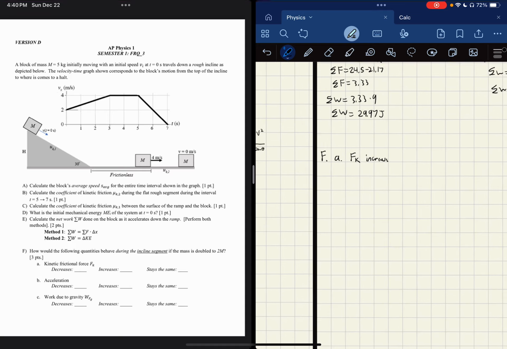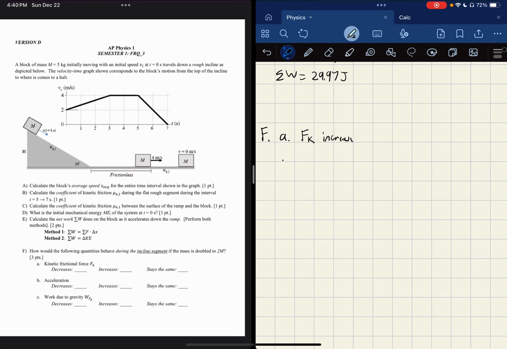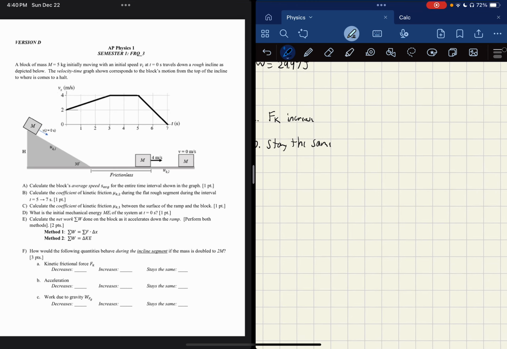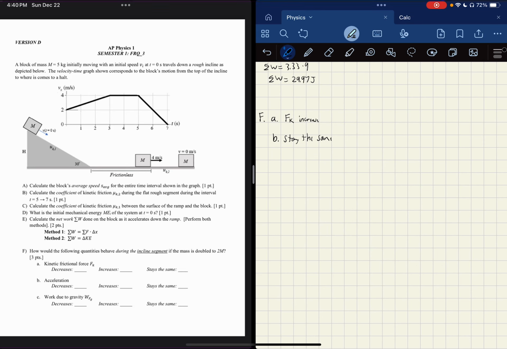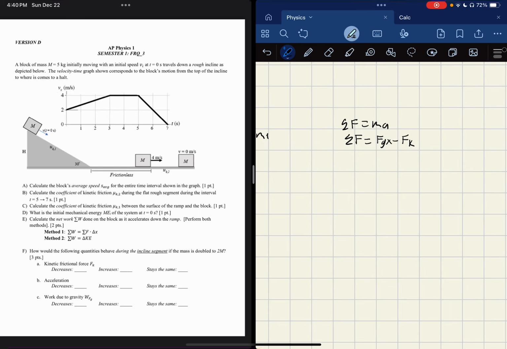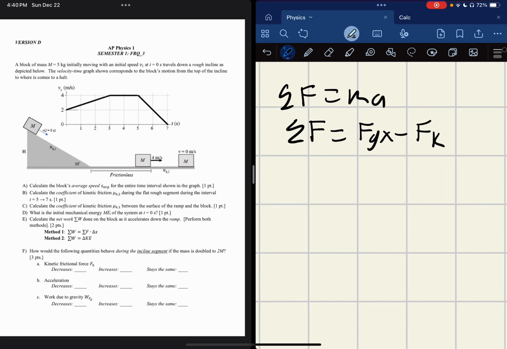Okay, B, acceleration. Acceleration will stay the same, because to find acceleration, we know that net force is equal to ma, and we also know that net force is equal to Fgx minus Fk, and Fgx and Fk would have an m.